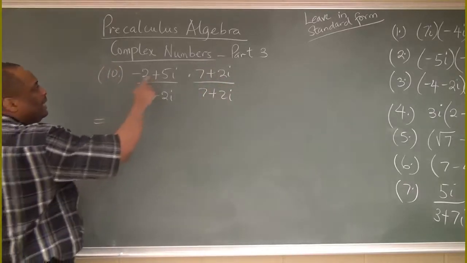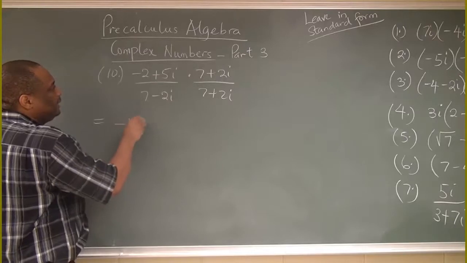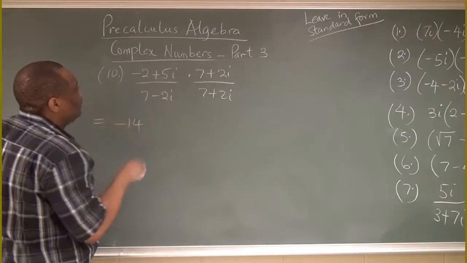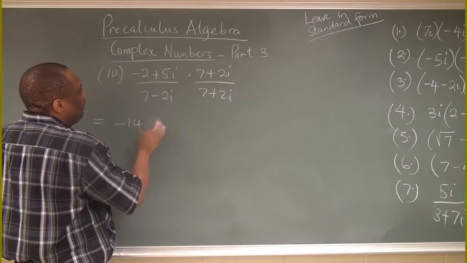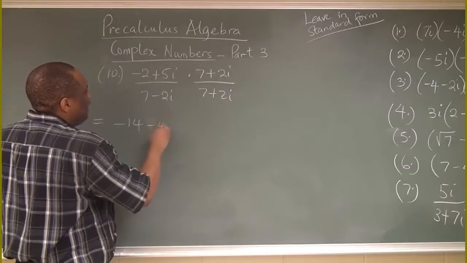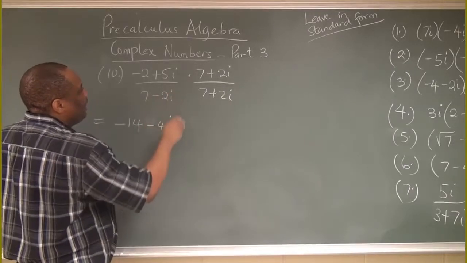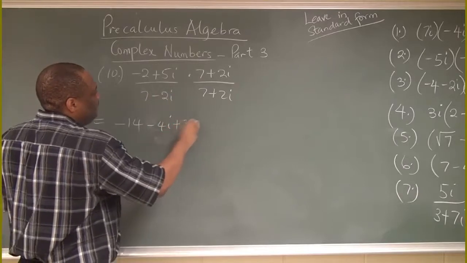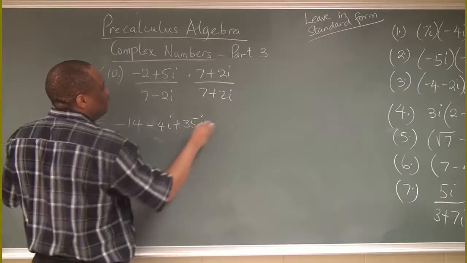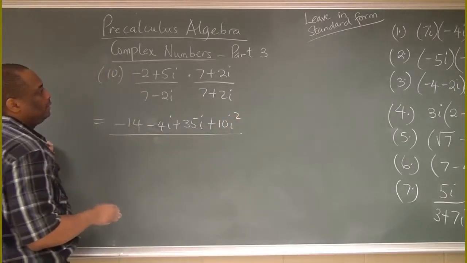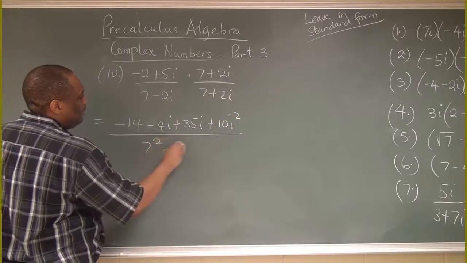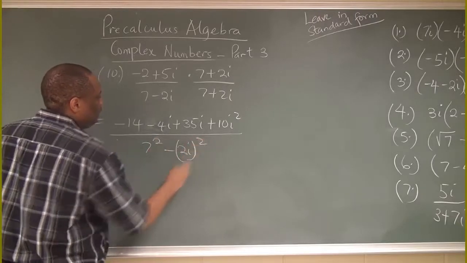So this will give us negative 2 times 7 is negative 14. Negative 2 times 2i is negative 4i. Plus 5i times 7 is plus 35i. Then plus 10i squared all over 7 squared minus 2i all squared.